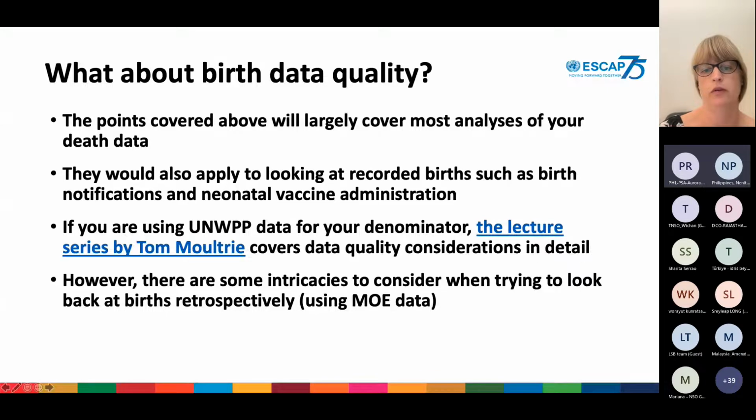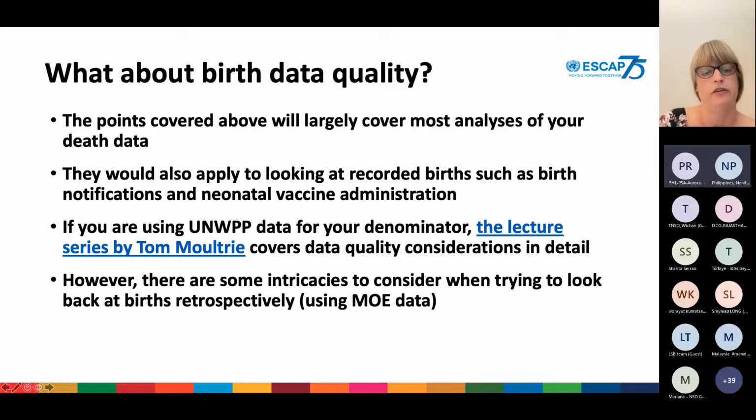So you would want to look at your data over time from the civil registry, and then also compare it to your other source, such as recorded births from the Ministry of Health, or if you were using, say, the vaccine data from the Ministry of Health, to look at those over time and make sure that they were closely aligned, and that there weren't any years that look very aberrant or some strange things going on, especially if you're going to do an assessment on, say, a given year. In this case, we were looking at 2018. We'd want to make sure that 2018 didn't greatly vary from the years around it, that there wasn't something strange going on with the data.